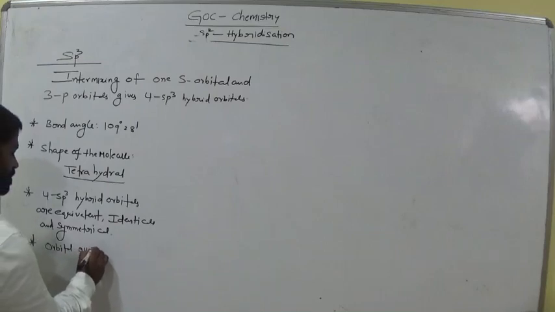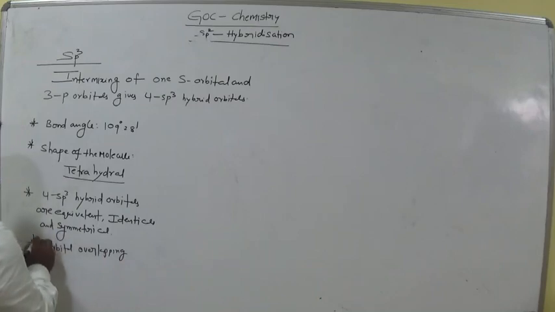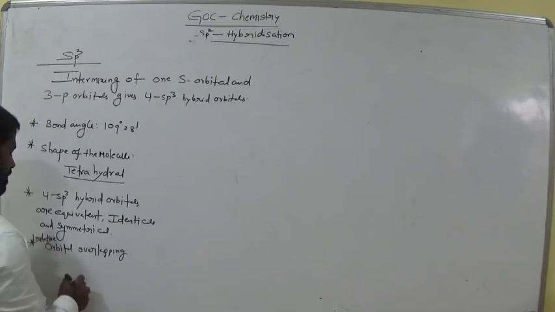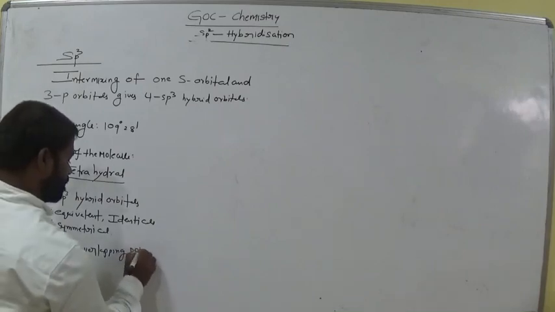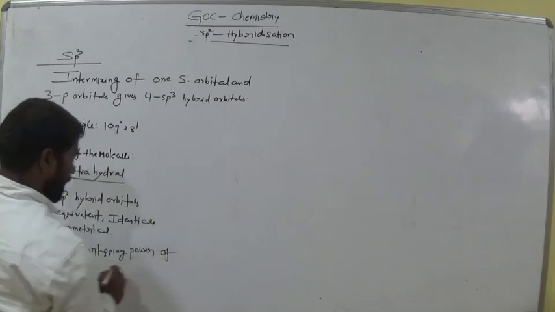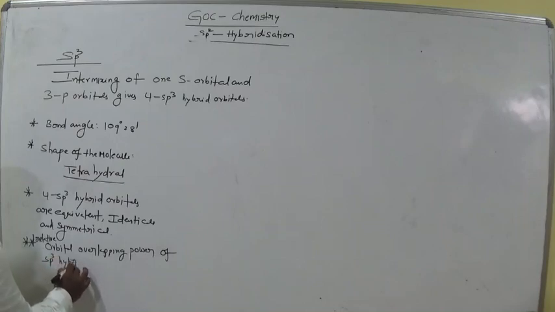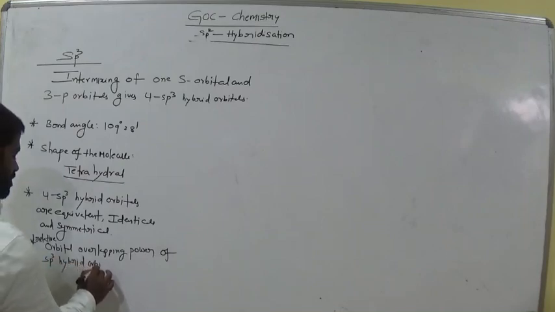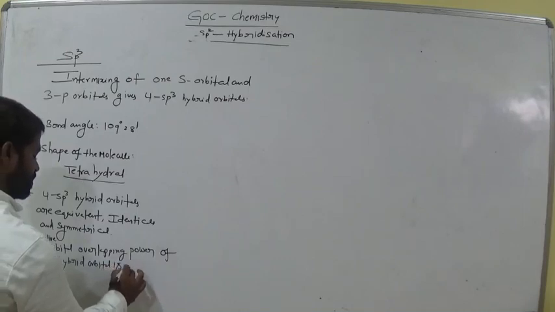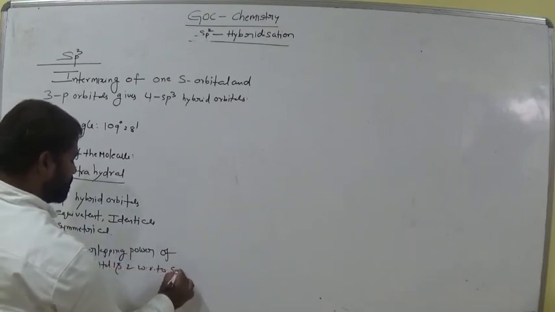Orbital overlapping, in relative comparison with the s orbital: the relative orbital overlapping power of the sp3 hybrid orbital is 2 with respect to the s orbital.